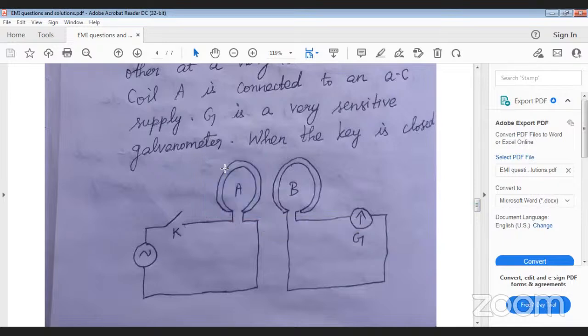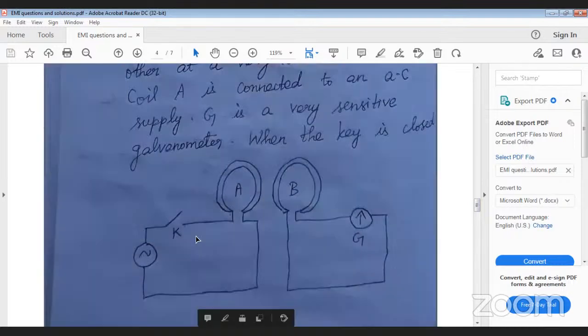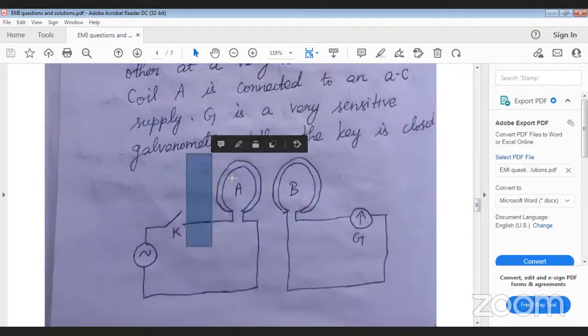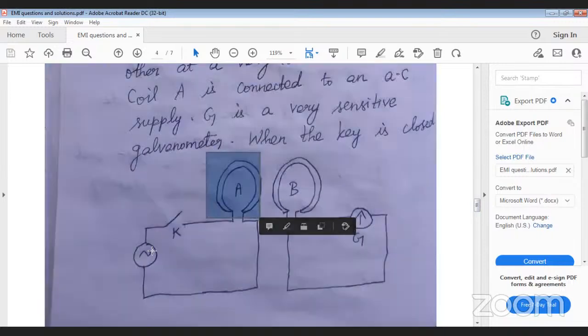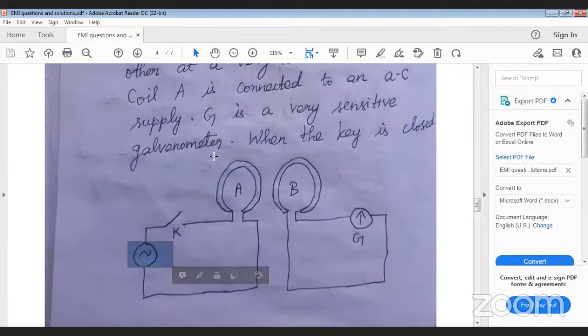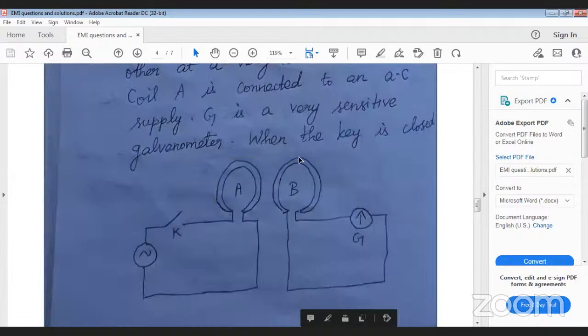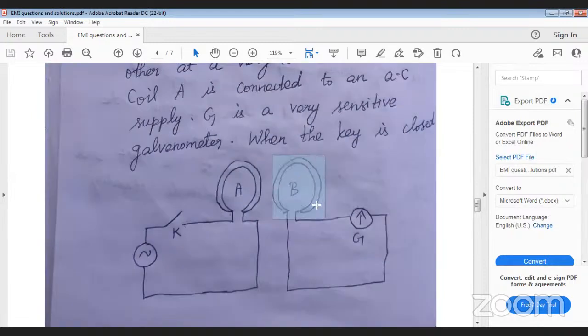This is called the primary coil because through this coil you have current flowing. Current is flowing through this coil A through an AC source.